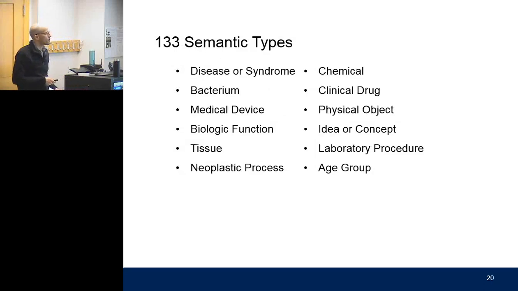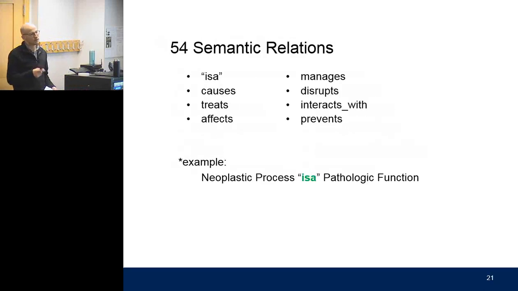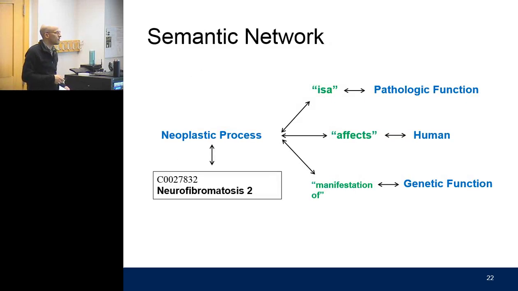Not only are there semantic types, but these types are defined in several different relationships to one another. So neoplastic process is related to the semantic type pathologic function with the relation type is A. There are hierarchical relationships, causal relationships. You see a few of the examples here on this slide.